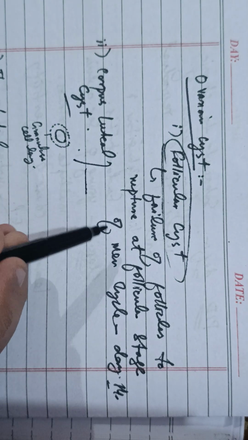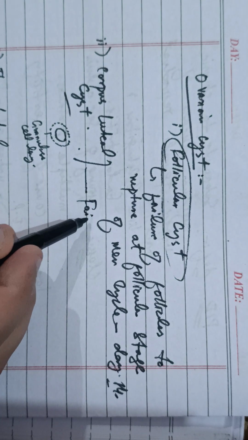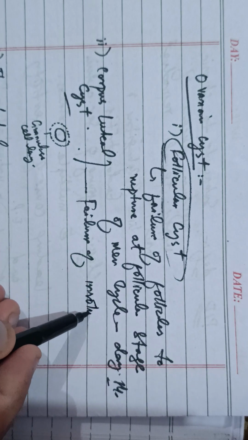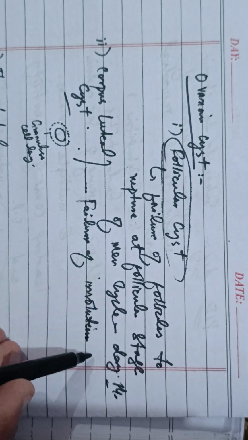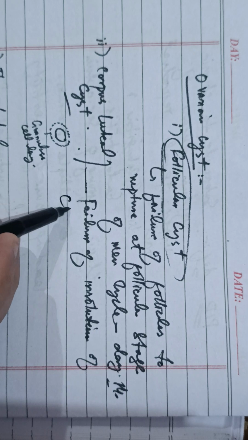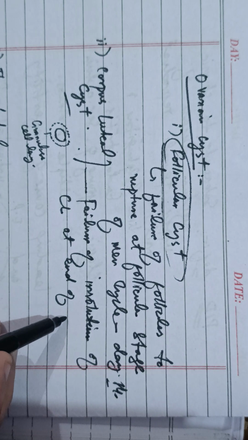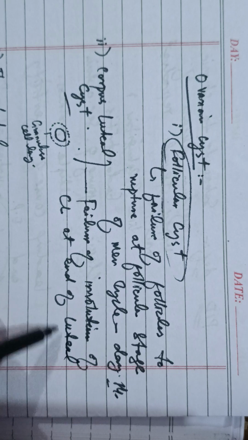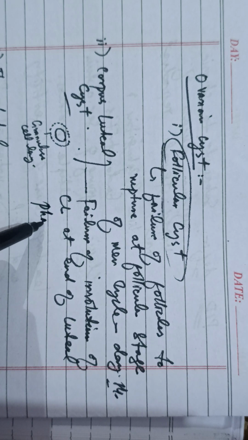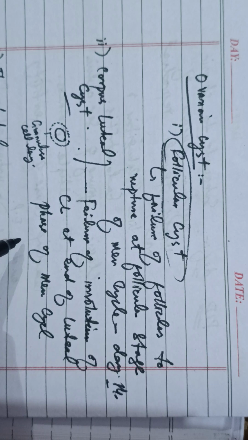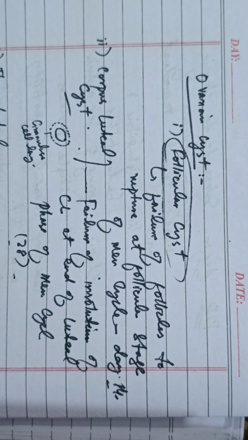How it develops, it is usually mostly due to failure of involution of the corpus luteum at the end of the luteal phase of the menstrual cycle, meaning day 28 in most of the patients.